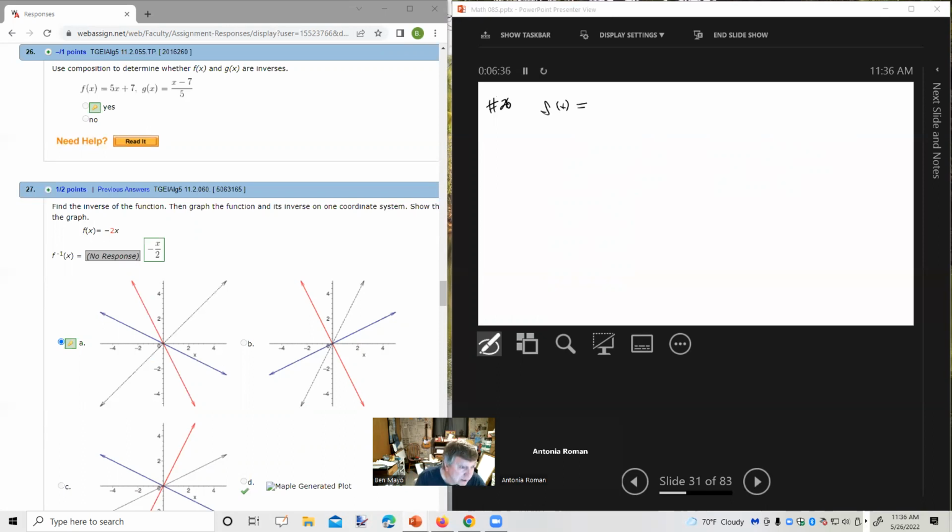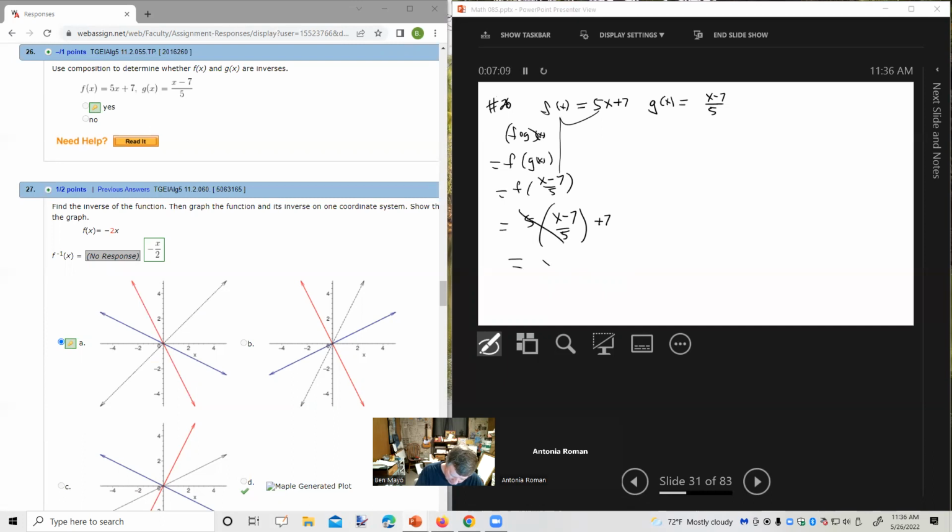So if f of x equals 5x plus 7 and g of x equals x minus 7 over 5, f composed with g of x would be f of g of x, which would be f of the quantity x minus 7 over 5. And if we're going to put that in here, that would give us 5 times the quantity x minus 7 over 5 plus 7. The 5s would reduce out, giving us x minus 7 plus 7. The 7s would cancel, and we get x. So we're halfway home.